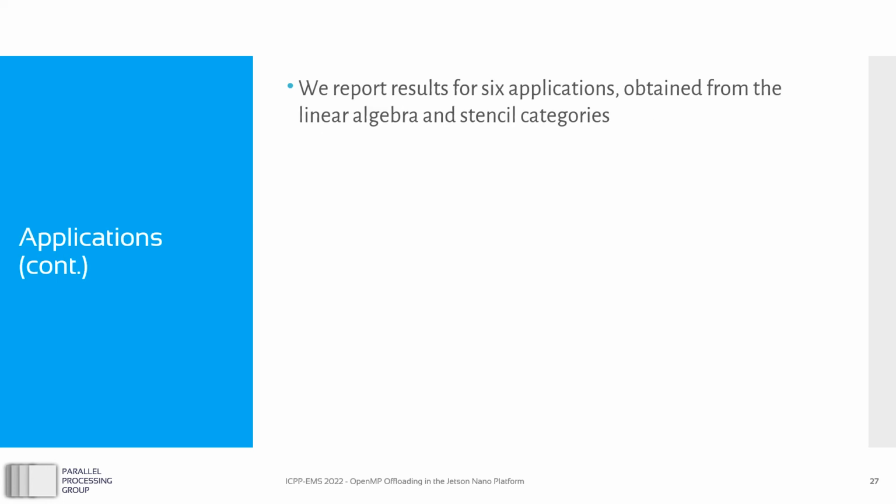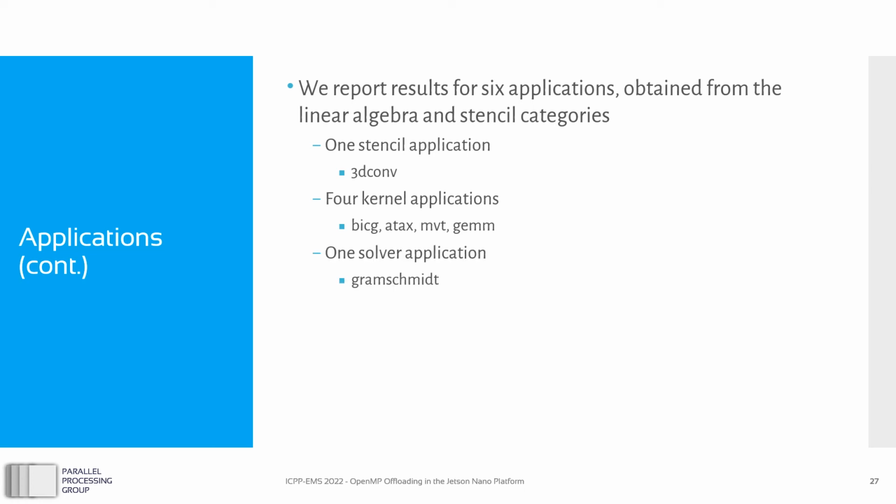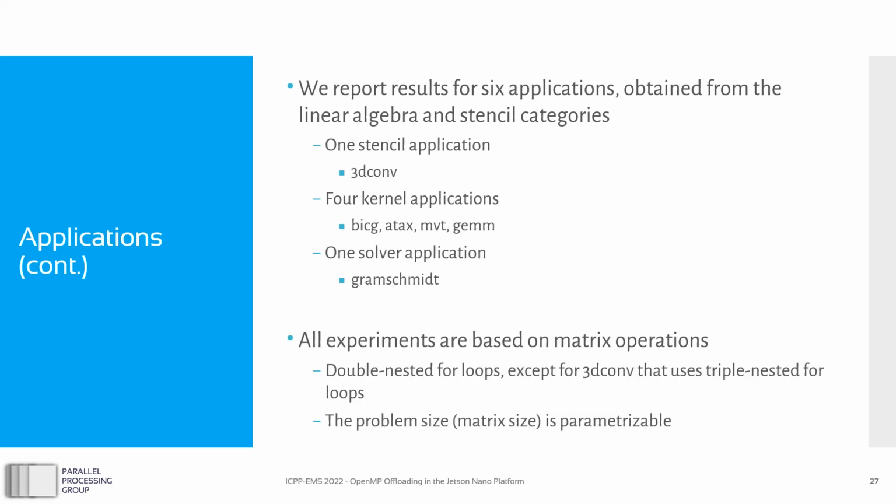We report the results for 6 applications obtained from the linear algebra and stencil categories of the Unibench suite. We have 1 stencil application, 4 kernel applications, and 1 solver application. All experiments are based on matrix operations.